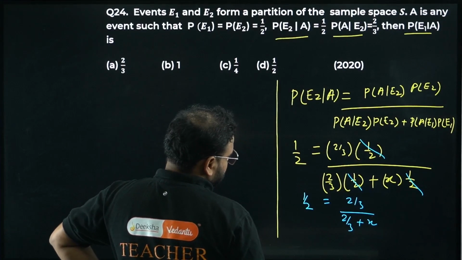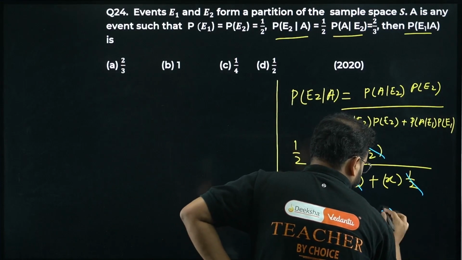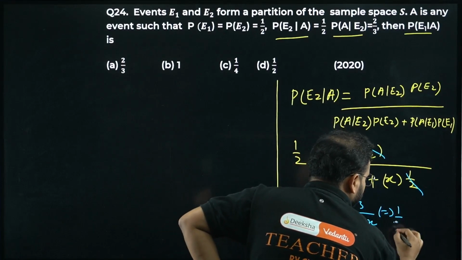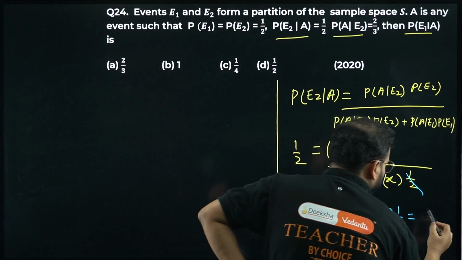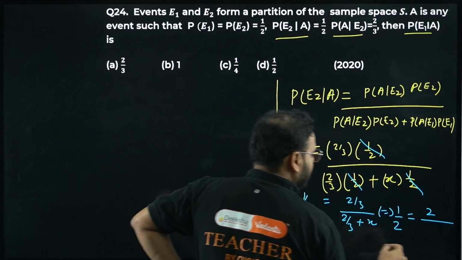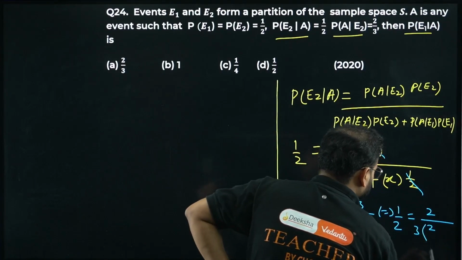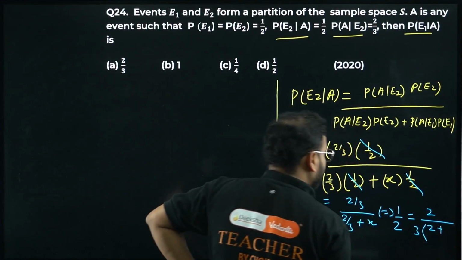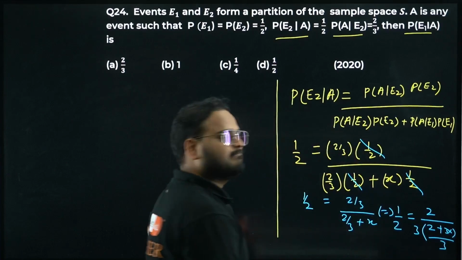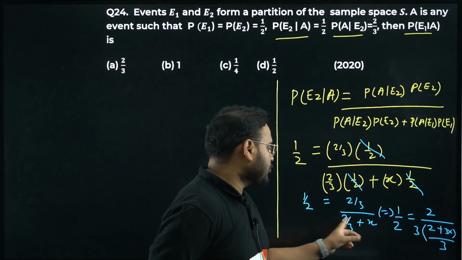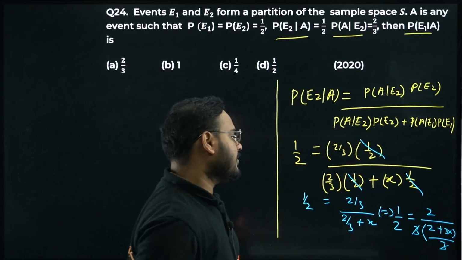I write the left side as 2 with the 3 in the denominator, and 2/3 plus x, taking the LCM, becomes (2 plus 3x)/3. This 3 and this 3 cancel, so it's simpler to calculate.